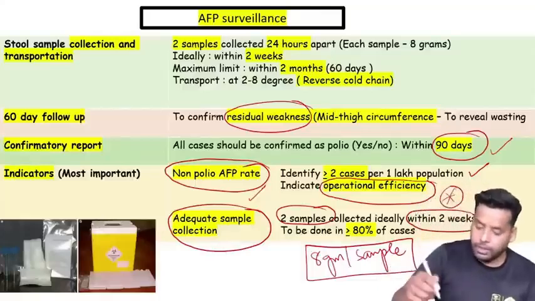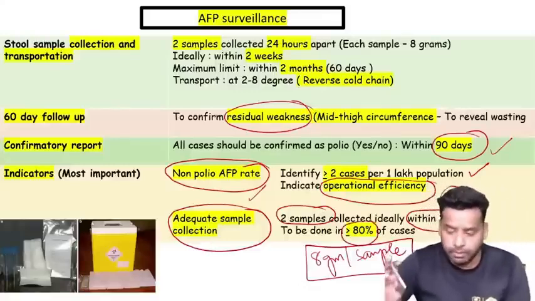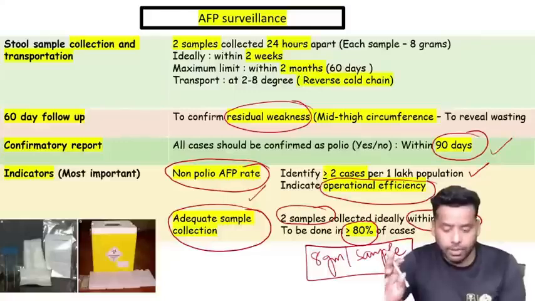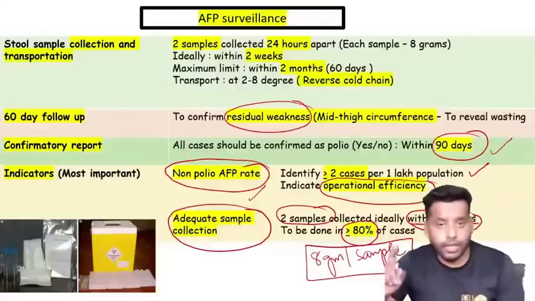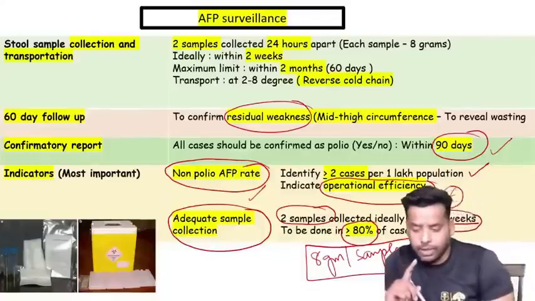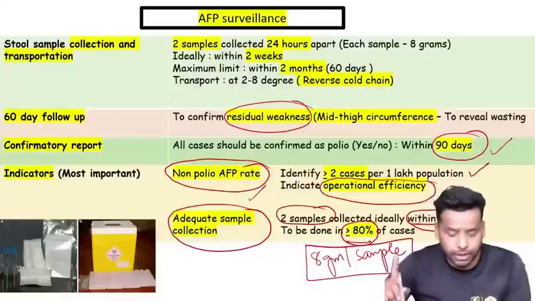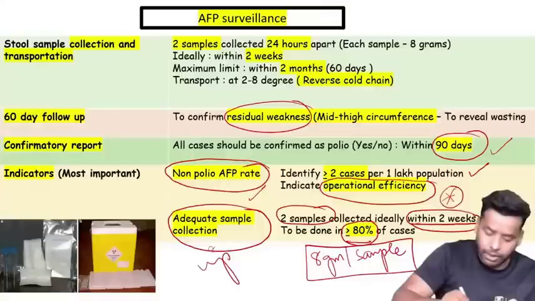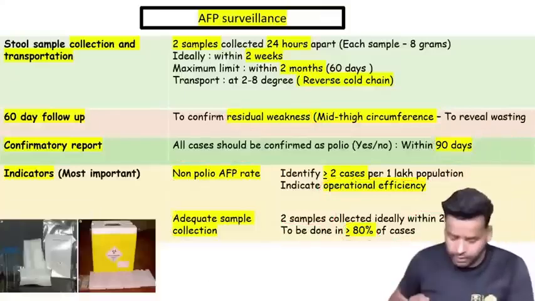Adequate sample collection should be done from 80% of the cases. Keep this in mind, 80% of the cases, because the definition is like this: within 2 weeks, that criteria is also taken as an adequate sample. This is one important thing they are asking, regarding polio surveillance indicators.